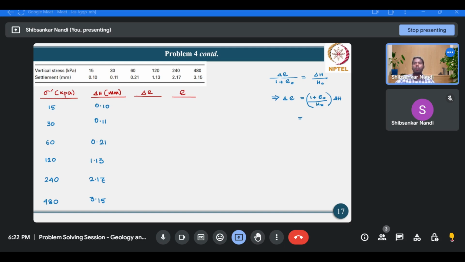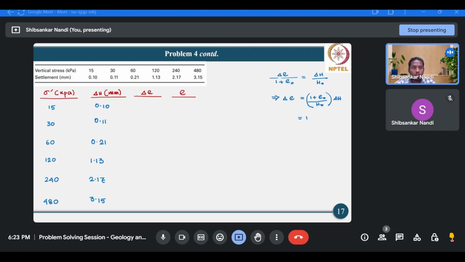Okay, so through this problem, we are also learning how to utilize the data of a laboratory consolidation test to predict the settlement in the field. So this is an actual example of that kind of application.